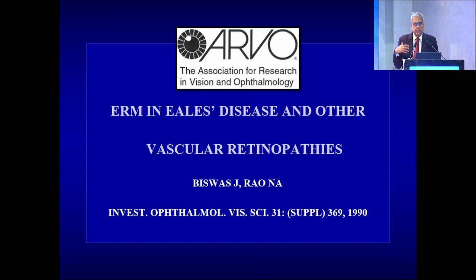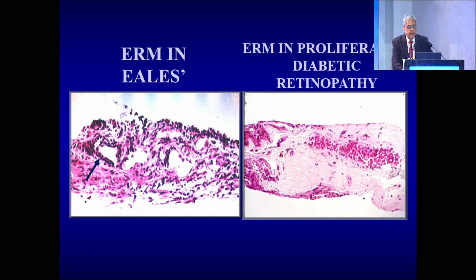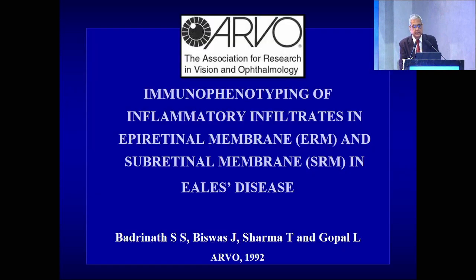We looked at the epiretinal membrane in Eales disease and other vascular retinopathies, and we found that epiretinal membranes in Eales disease patients are surrounded by blood vessel lymphocytes. These lymphocytes are not seen in the epiretinal membrane in proliferative diabetic retinopathy. What are these lymphocytes?